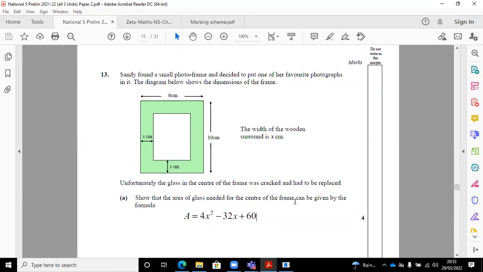Where did you get the 2 from again? Like the 10 minus 2 and the 6 minus 2? So for the 10 minus, there's 2 sides that were taken away, and each side is x centimetres.